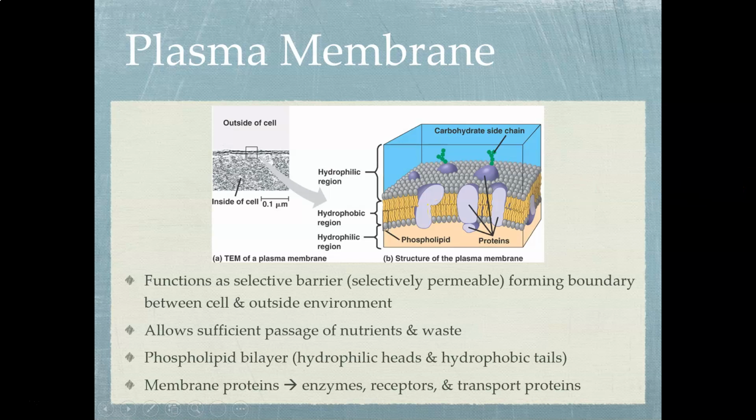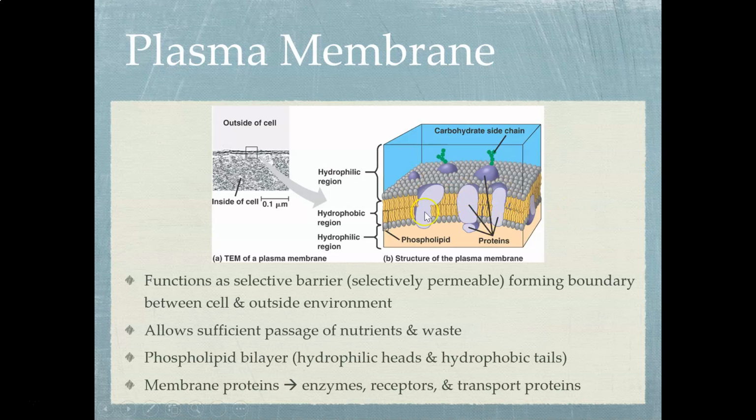And it really is going to be those fatty acid tails that drive what kind of molecules are easily able to pass that membrane and what isn't. That does then complicate systems a little bit because there will be things like water that need to pass through that membrane but can't interact with those fatty acid tails. And so we've got to have membrane proteins.